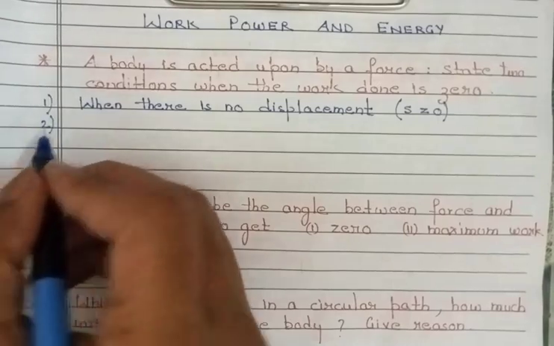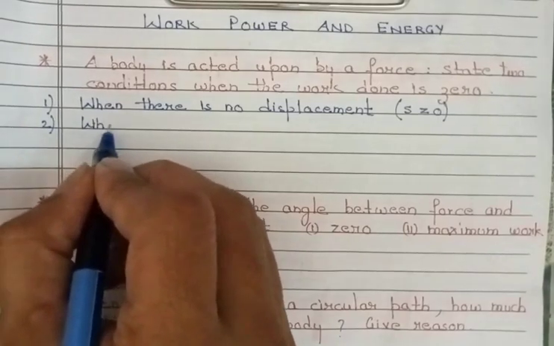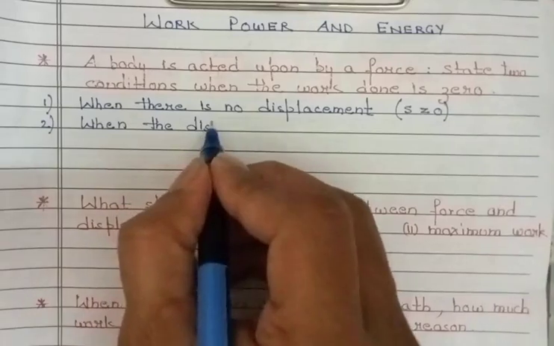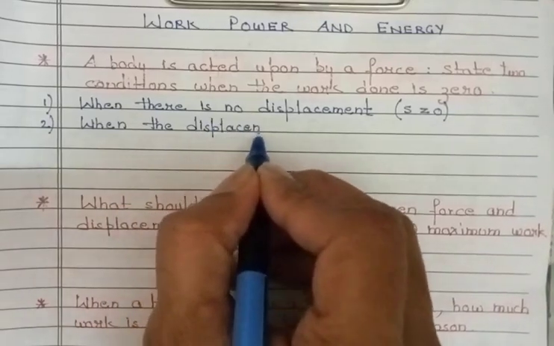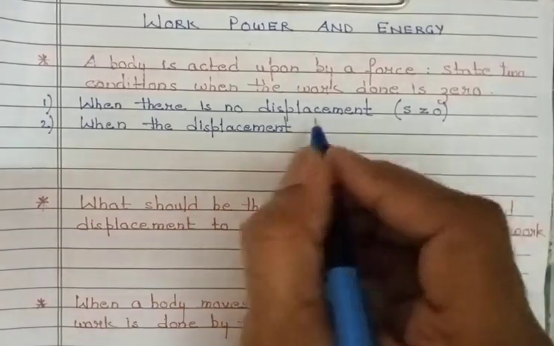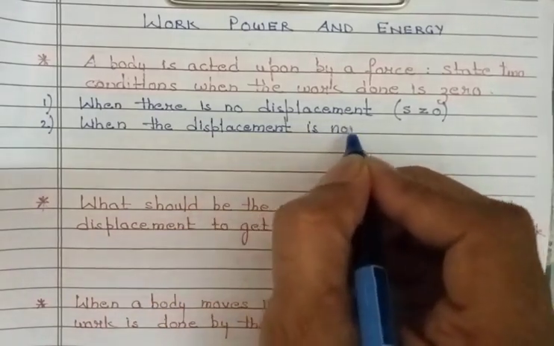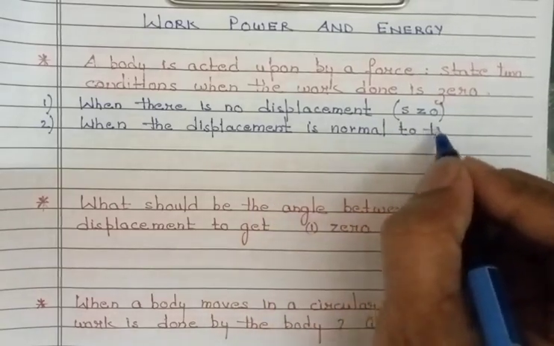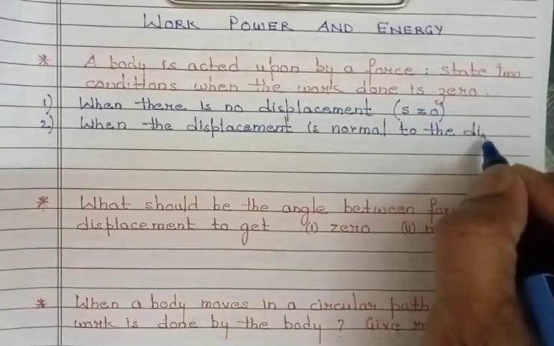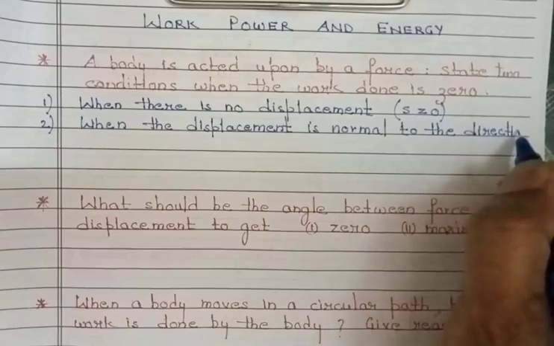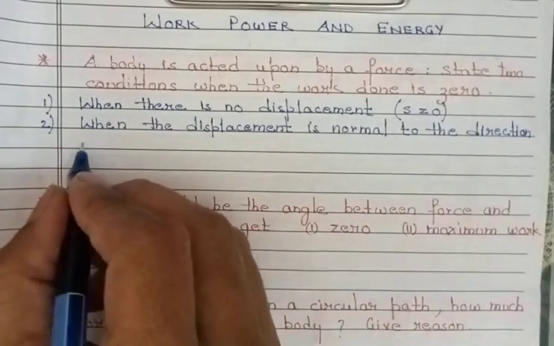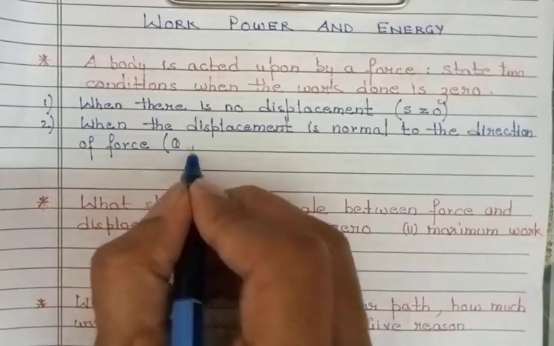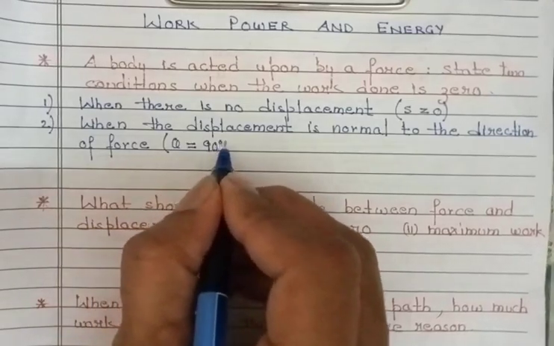The second condition is when the displacement is normal to the direction of force, that is theta will be taken as 90 degree.